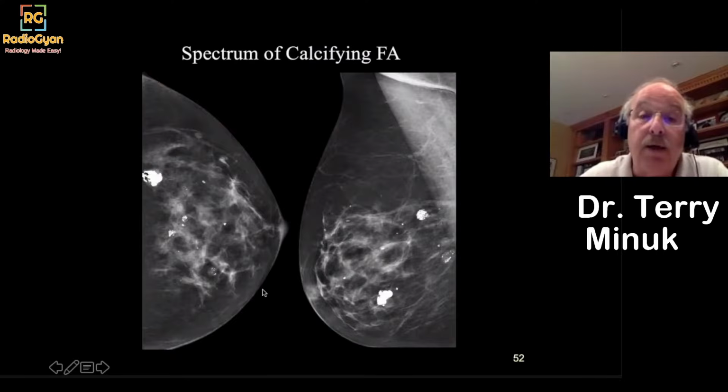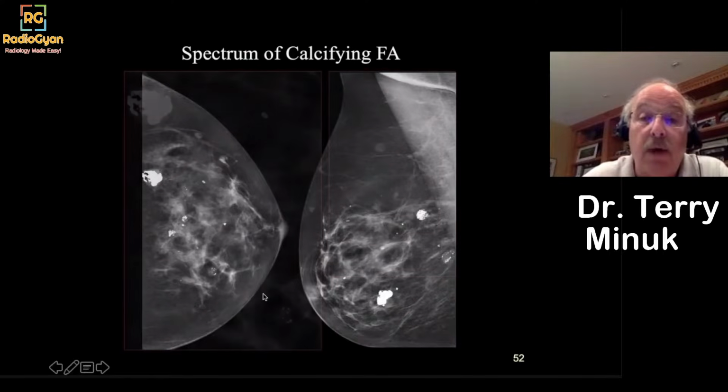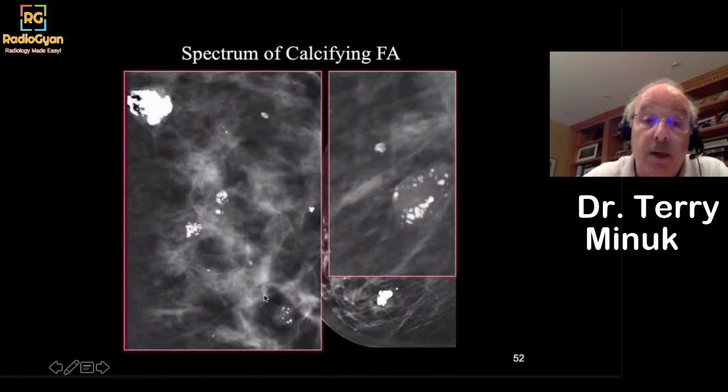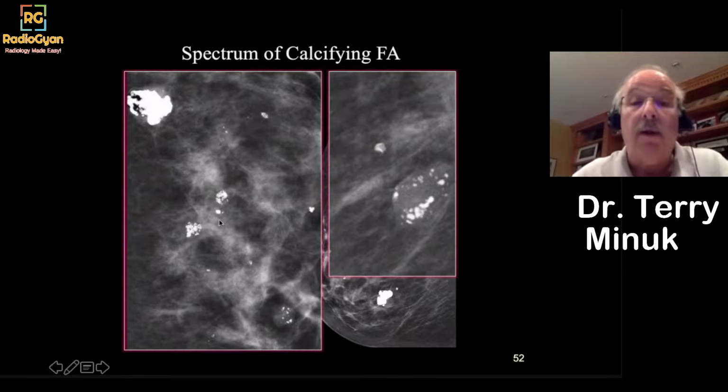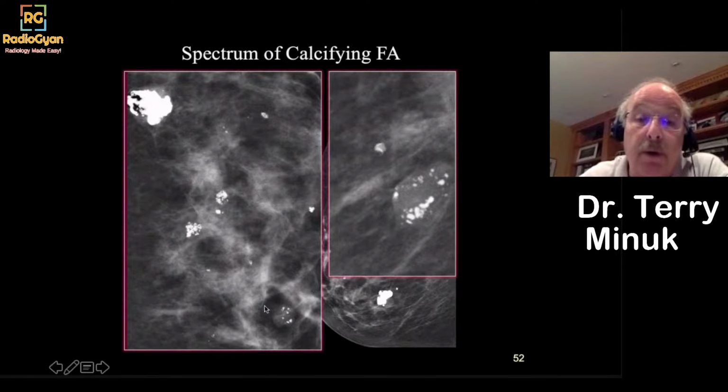Now, here's multiple calcified fibroadenomas. We biopsy way too many fibroadenomas. There's a spectrum. They go from having no calcifications to one or two calcifications to having small clusters of calcifications that gradually get coarser and coarser and coarser. And at some point, the calcifications are going to look pleomorphic. And you're going to want to biopsy them.